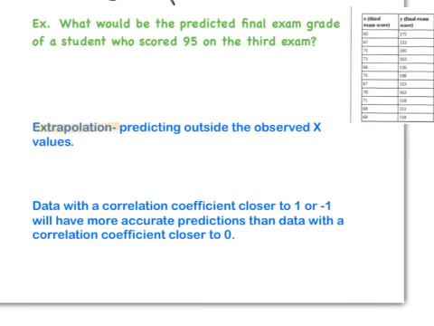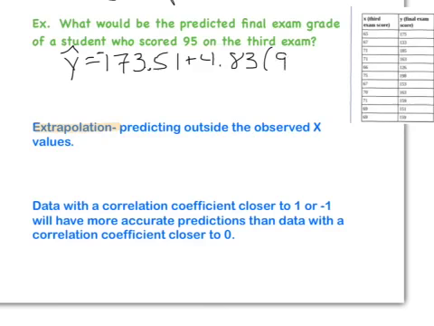So what would be the predicted final exam grade of a student who scored 95 on the third exam? I use my same least squares regression line, but this time I'm going to put 95 in for x, and I come up with a y hat, or a predicted value of y, of 285.34.